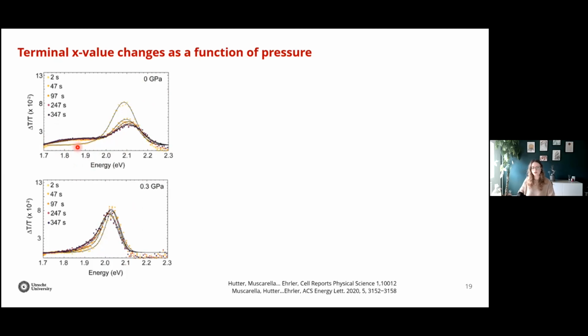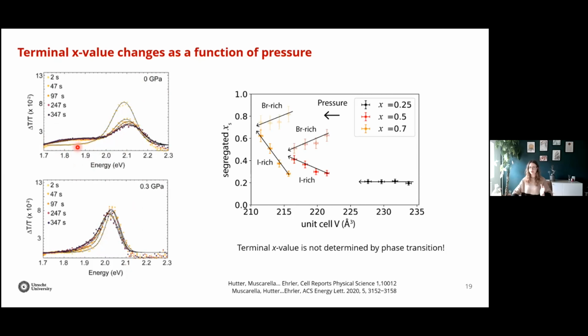And if you plot all of this in one graph, the composition as a function of the unit cell volume, what you see is that at ambient pressure, when the unit cell volume of your perovskite is larger, you have different bromide percentages in the bromide-rich phase and the iodide-rich phase.